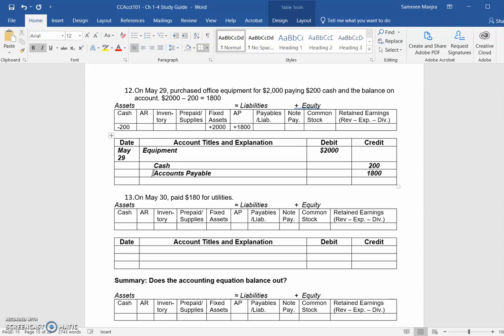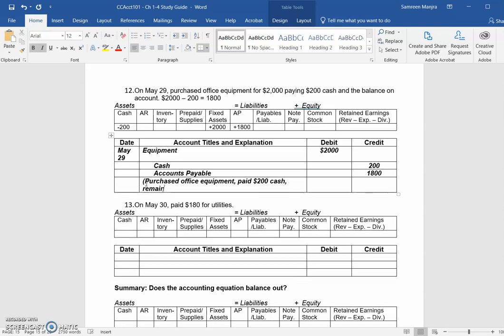When we have a decrease, that'll be a debit. So we're going to note the description: purchased office equipment, paid $200 cash, remaining balance on account.